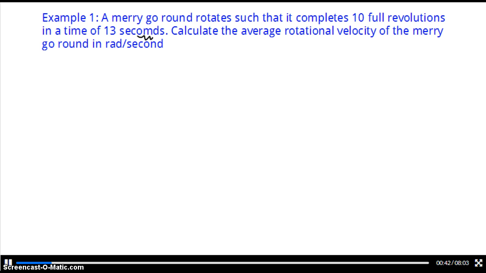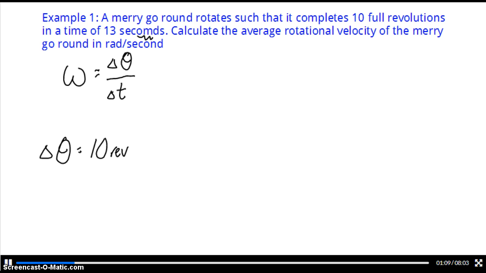Well, if you remember, angular velocity or rotational velocity is equal to the change in theta over the change in time. First things first, we have to look at what our change in the angle, theta, is in radians. We know it went 10 revolutions, and we know there's 2 pi radians in every one revolution.